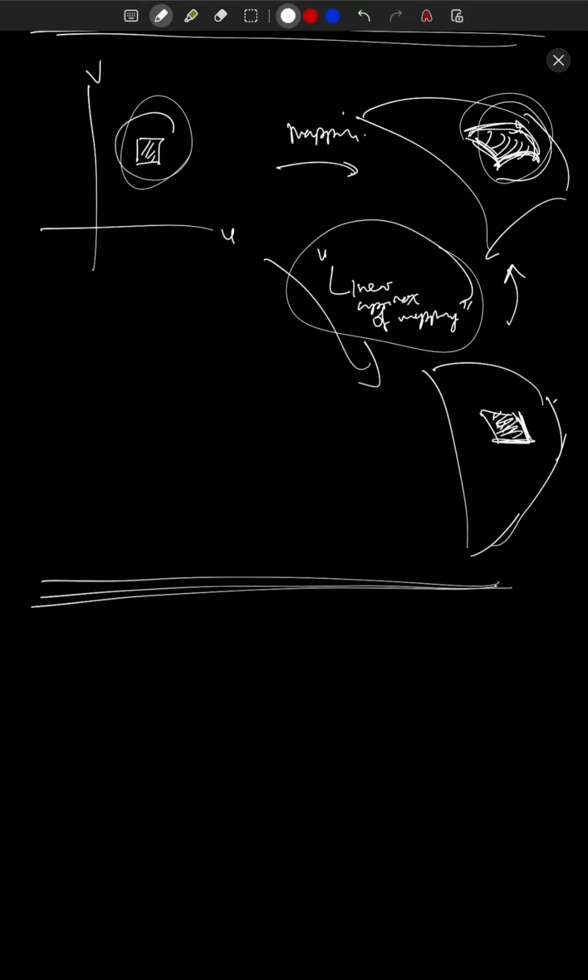For a mapping from the UV plane to the XY plane, I've said in the past that the derivative should be thought of as a matrix, right? And for a parameterization from the UV plane to the X, Y, and Z space, the derivative should be thought of as a matrix as well, all right?